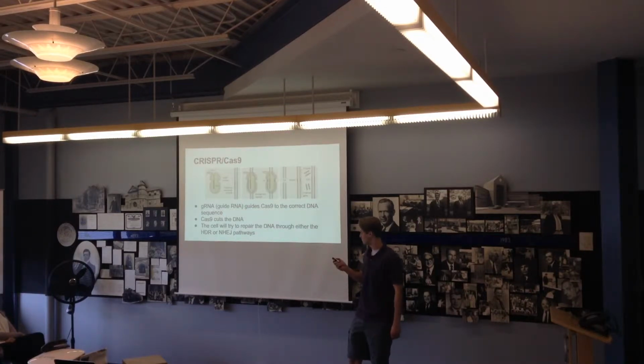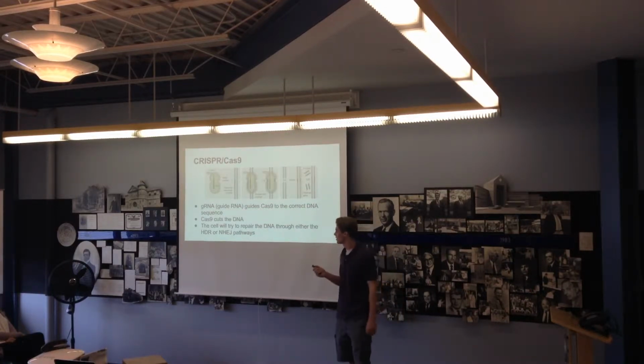So the system CRISPR-Cas9 that I mentioned, the way it works, there's two main components. The CRISPR protein, right, this green thing here, and the guide RNA, or gRNA, right here. So the guide RNA has a very specific nucleotide sequence that corresponds to a sequence somewhere in the DNA, like right here.